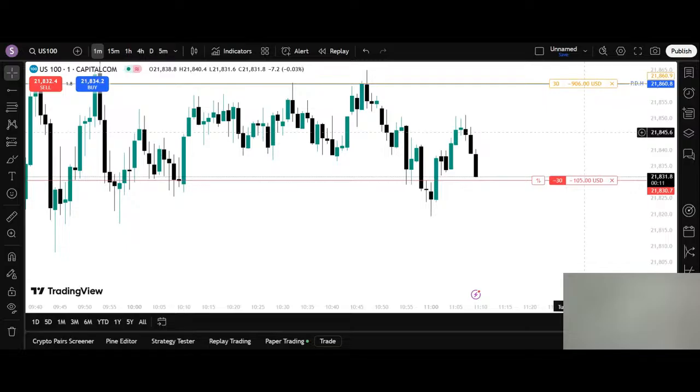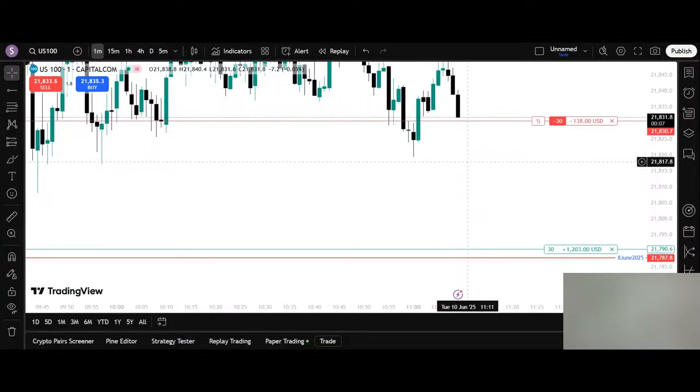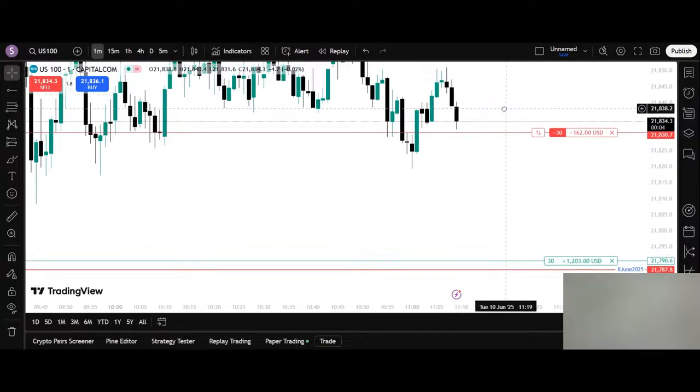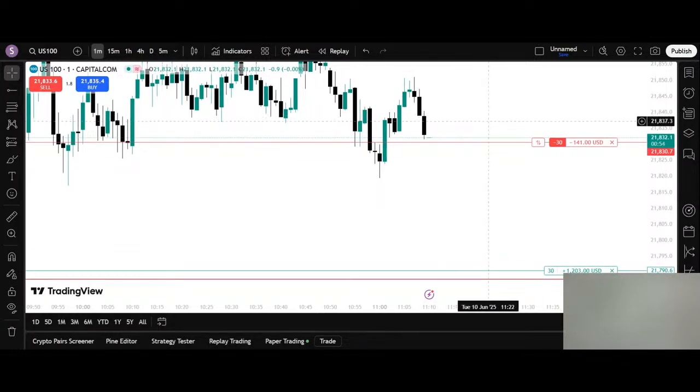I think it's gonna be a long trade. We're seeing some good bearish momentum. Let's see if price can keep it up.